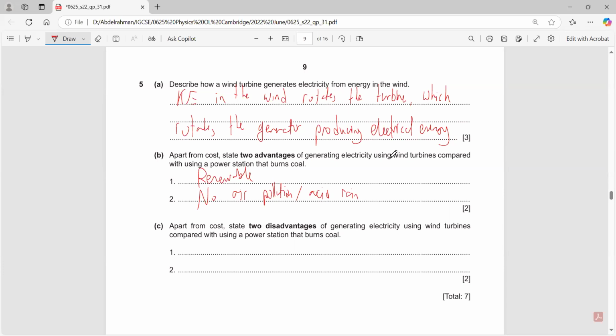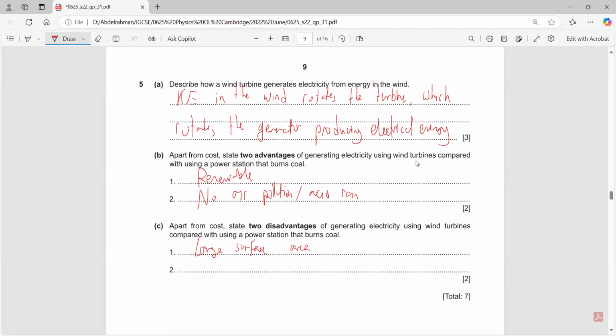Apart from cost, state two disadvantages of generating electricity using wind turbines. Noisy, yes, you could say it's noisy. You can say it's not reliable. Needs a large surface area. Yes, large surface area.